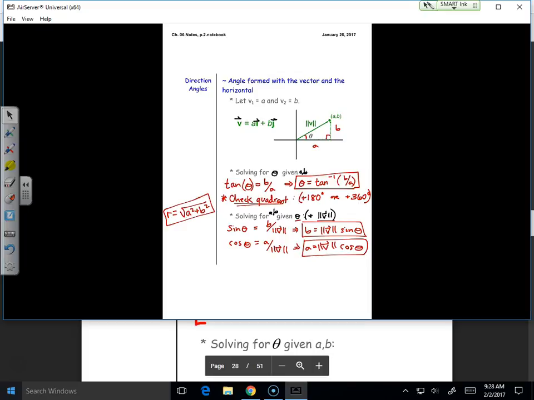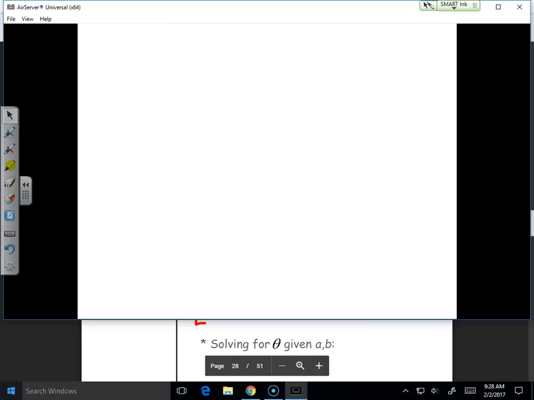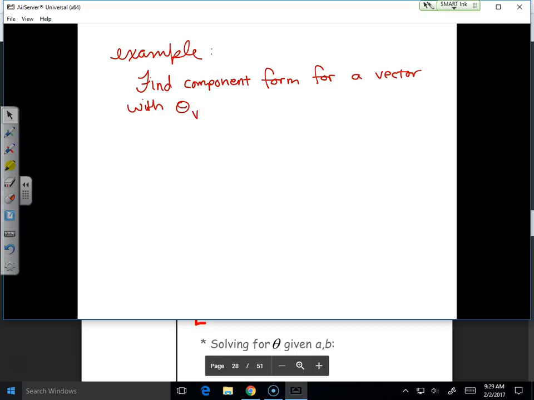Okay. Example. Let's do it this way. If I want to say find A and B, let's say find the component form for a vector with an angle of 135 degrees.